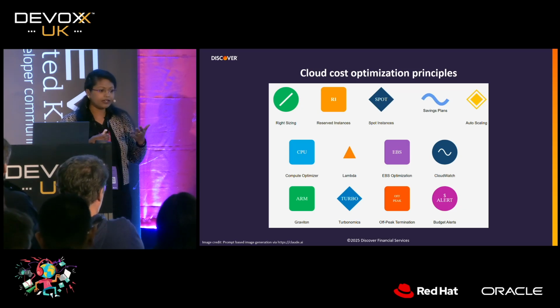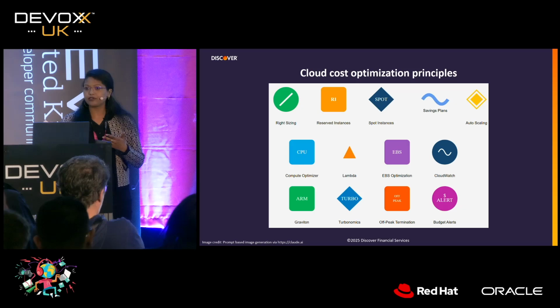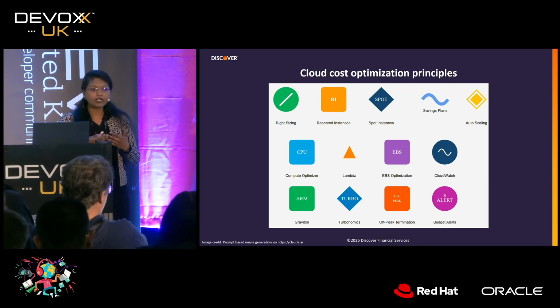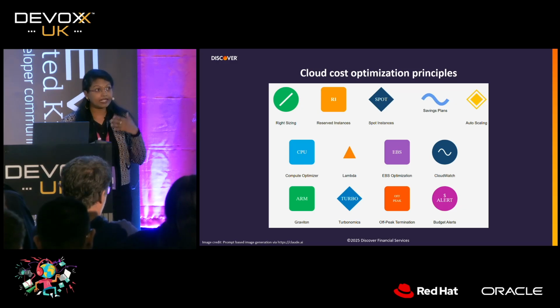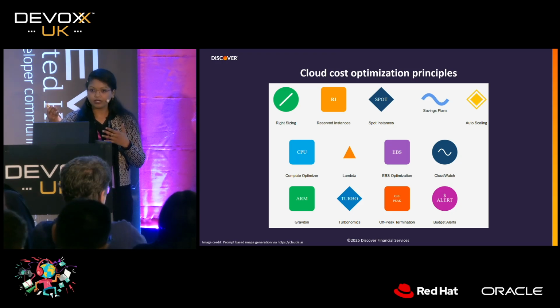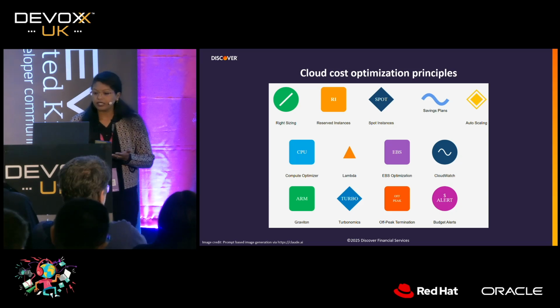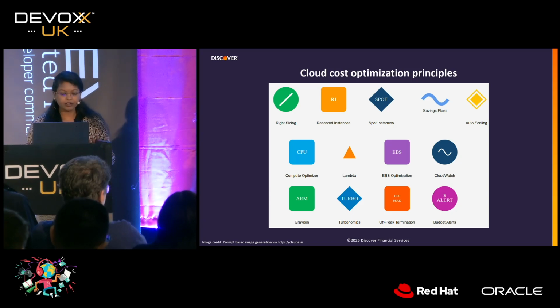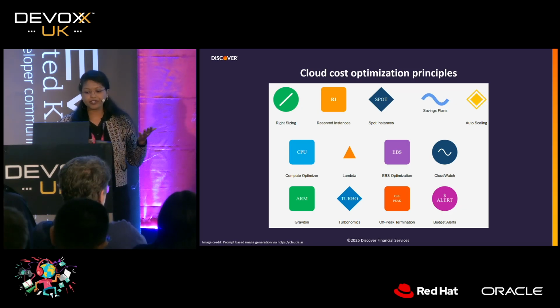Reserved instances, generally they give it for a 3-year plan. It's probably more than a 50% discounted rate. When we know that our system is going to run for the next 3 years, can we actually go for that? There are flexible plans as well, where you don't have to stick to a certain EC2 instance type. There is flexibility to change the EC2 instance type, but also get the reserved instance discount rate. Other things: we can use auto scaling, so we don't have to over provision.